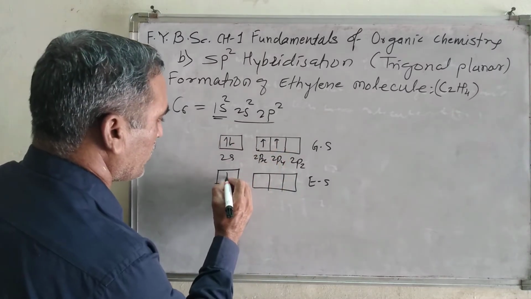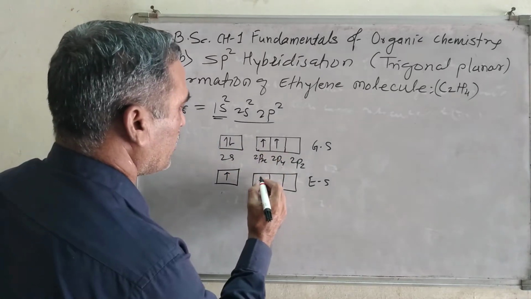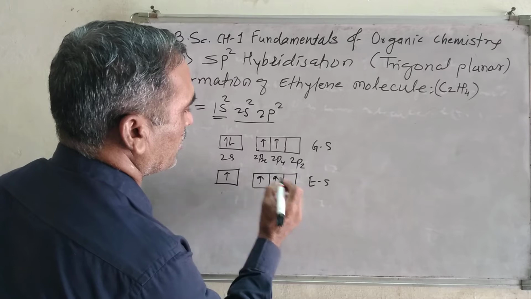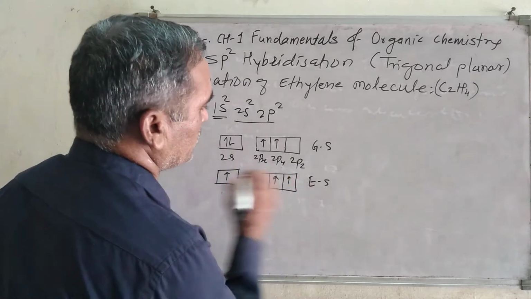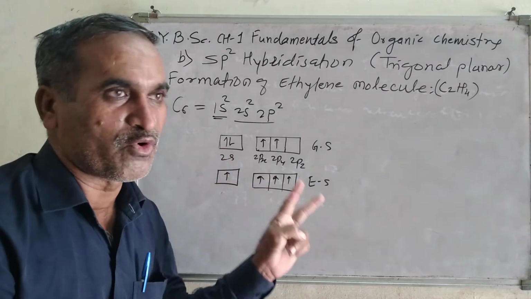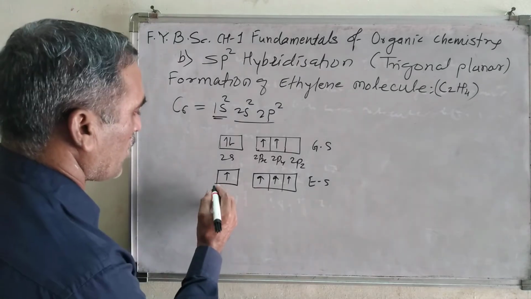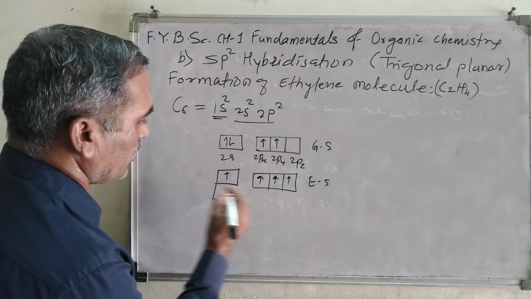So only one electron remains in the s orbital, and 1 electron goes into this p suborbital. Now look, there are 4 unpaired electrons formed.